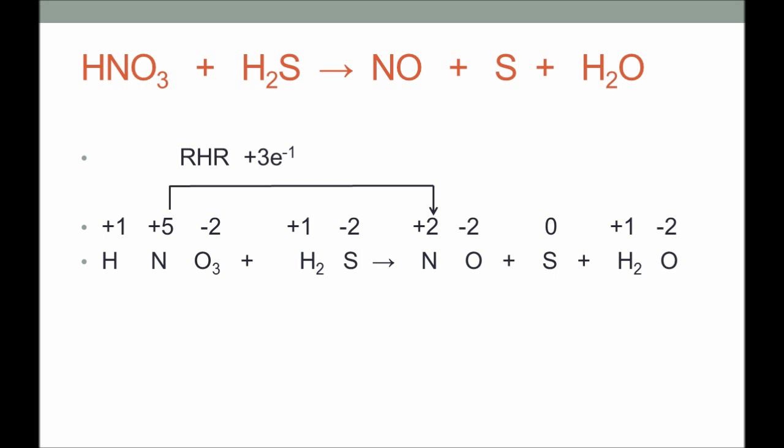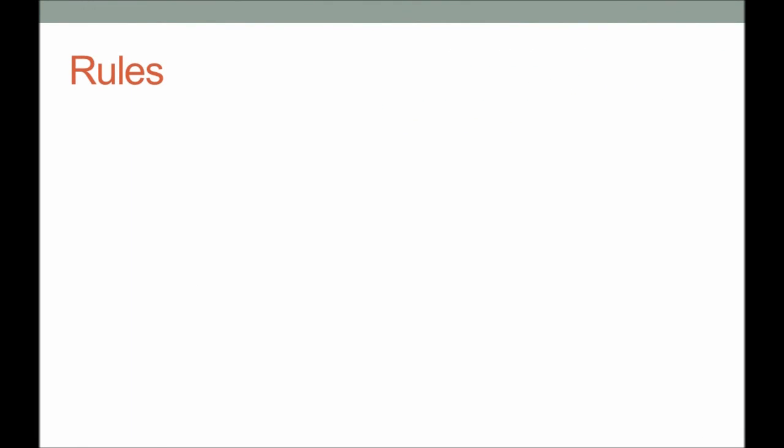And for this reaction to take place, we need 3 electrons. Sulfur, on the other hand, changes its oxidation number from -2 to 0, which means an increase in oxidation number, making this reaction an oxidation half reaction, and in the process it produces 2 electrons. At this point we know what the oxidation half reaction and reduction half reaction are, and that's good enough to determine what the coefficients are going to be.